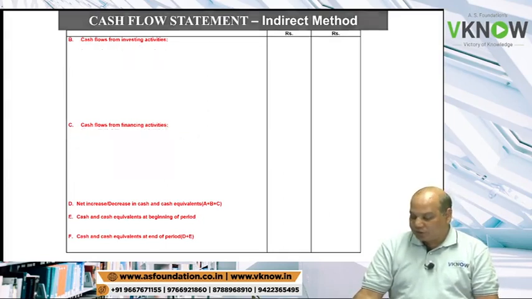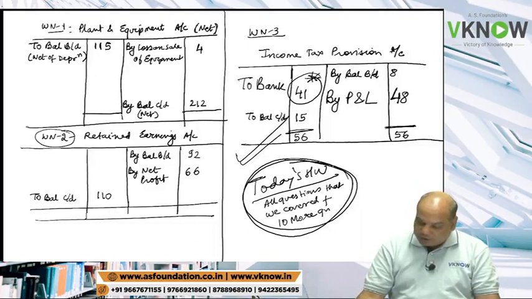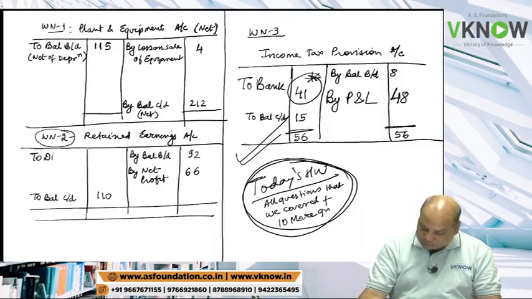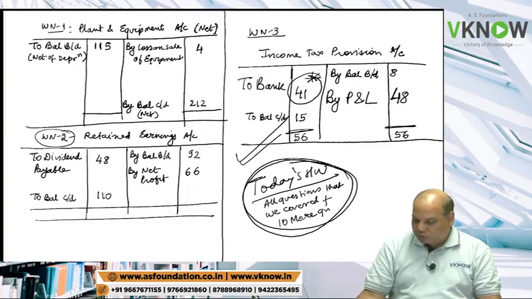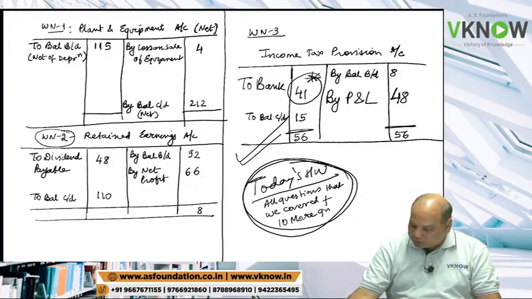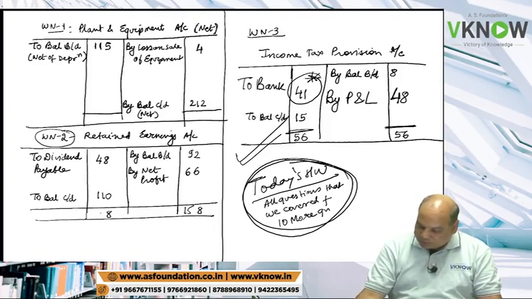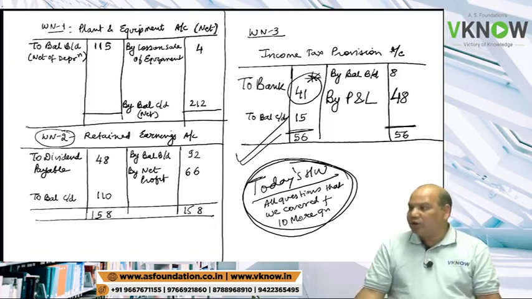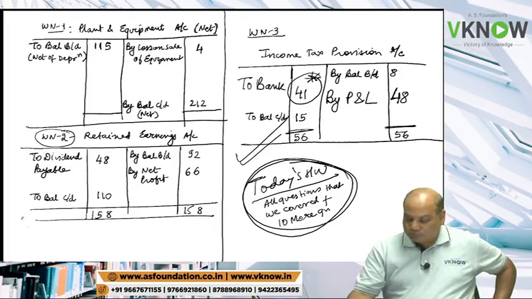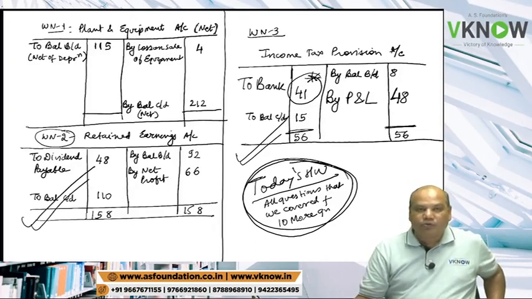And in retained earning account, debit side, to dividend payable 48. Now you will find that my retained earning account has also tallied on its own. So tick mark. This account has also tallied.